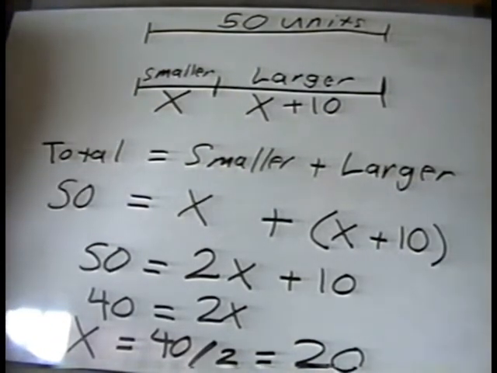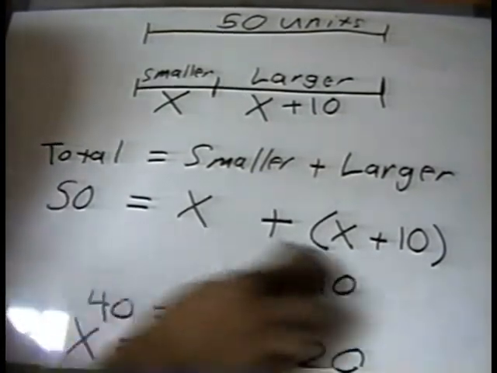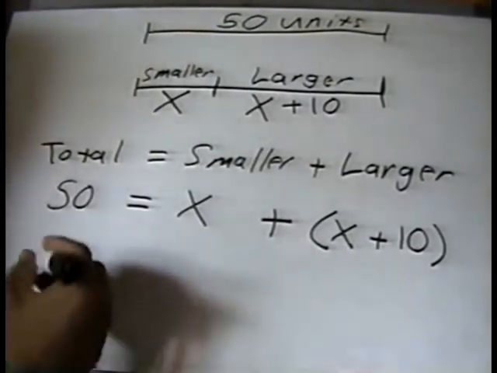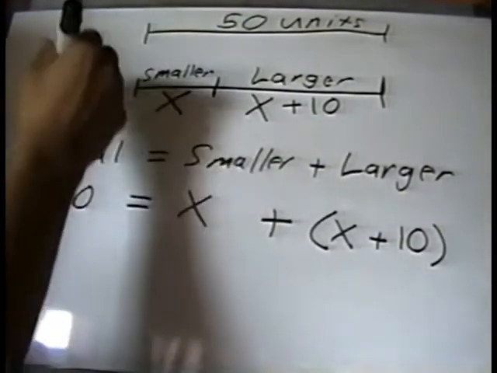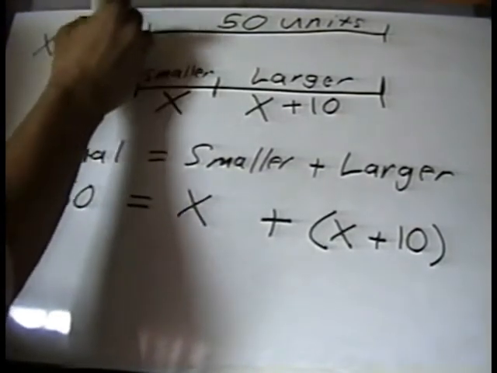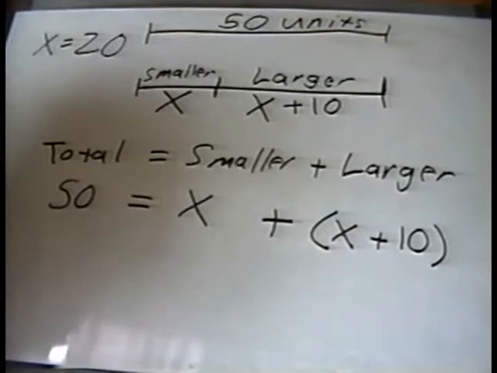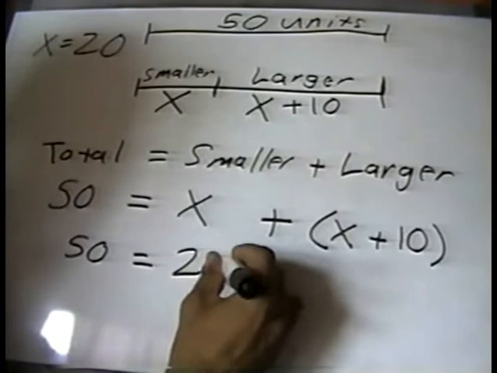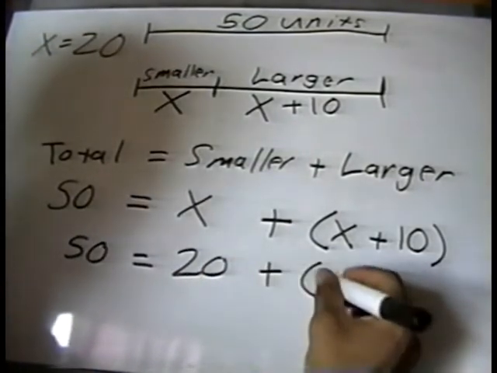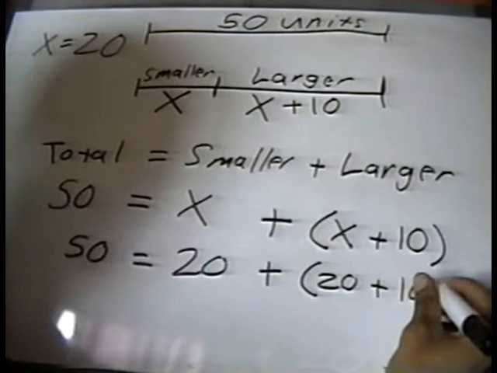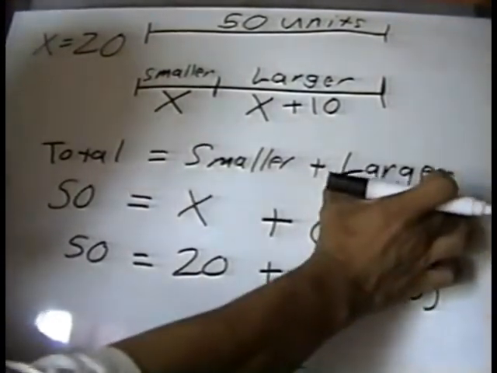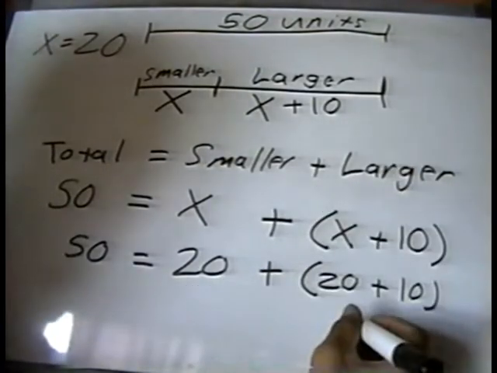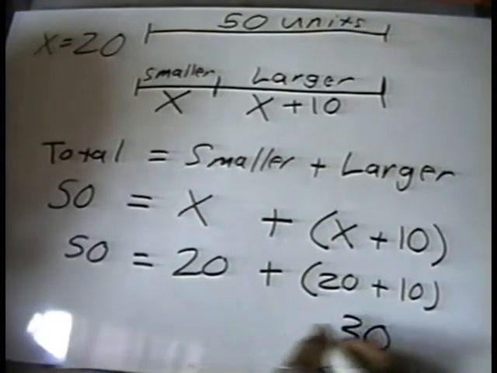Now it says how long is each part. So we want to know how long is each part now. We know the smaller part is 20 units. So to find the lengths of each part, since we know that X is 20, here we just substitute in our value for every place we have X, 20.